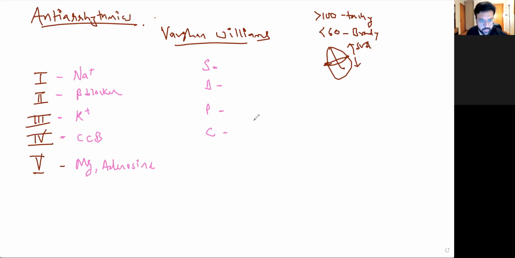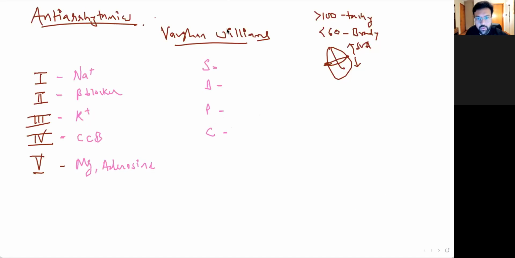If I extend this discussion, the class 1 antiarrhythmics are further divided into three classes depending on how strongly they block the sodium channels: class 1A, class 1B, and class 1C. These are also sodium channel blockers.